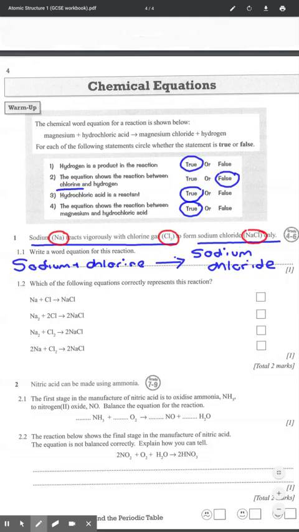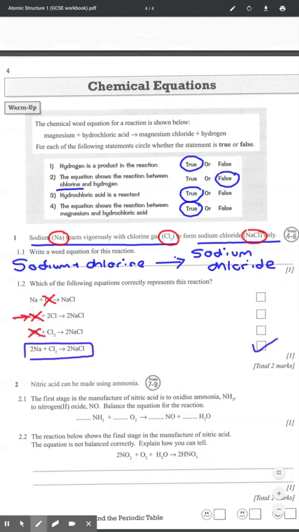So all we're going to have to do really is construct that equation by eliminating the second equation, because that's got Na2 in it, therefore we can get rid of that one as a viable answer. Likewise, the third one also has Na2 in it, and the top one doesn't have the presence of Cl2. Therefore, we've only got one left. This one is the correctly balanced equation. The answer is the fourth one.